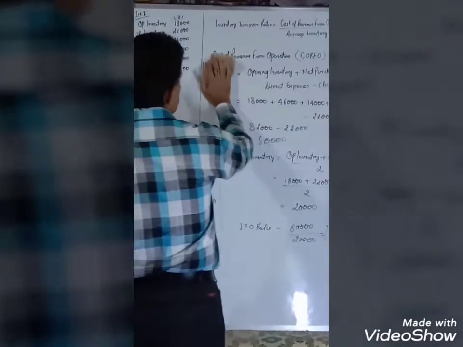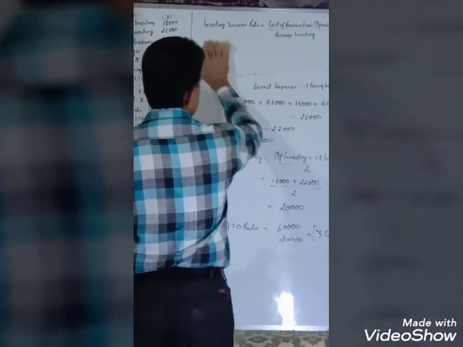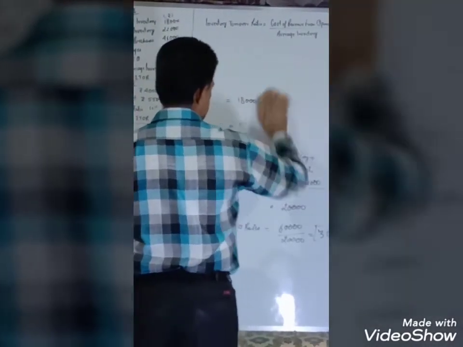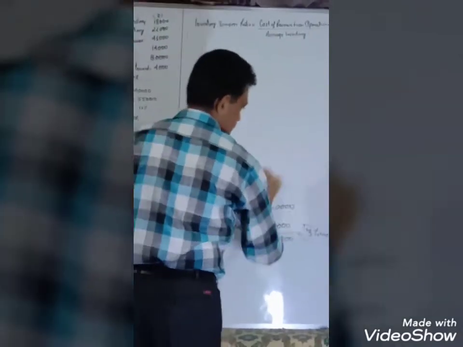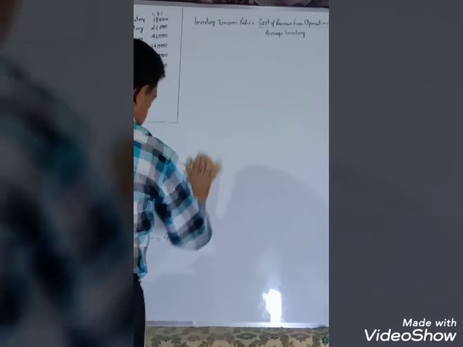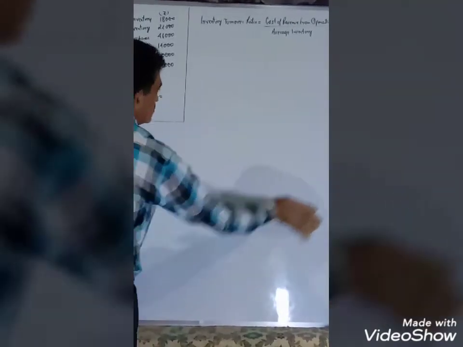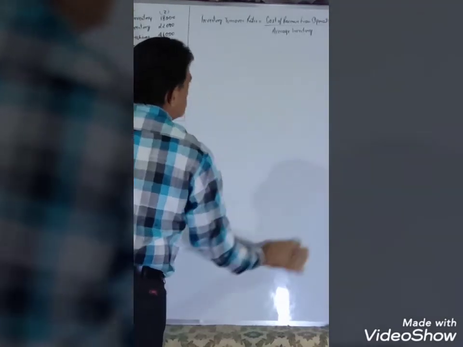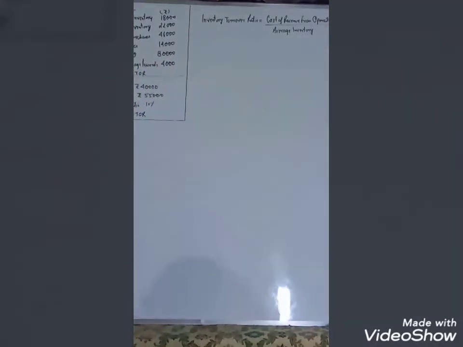First of all, the formula: inventory turnover ratio is cost of revenue from operations divided by average inventory.